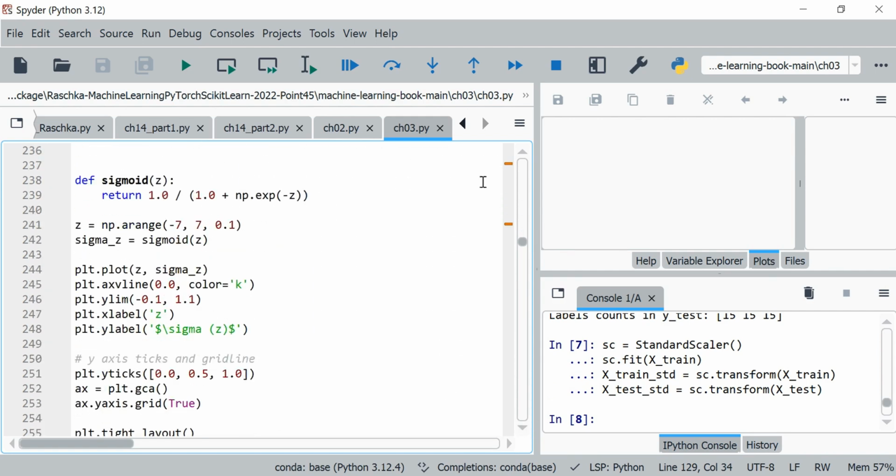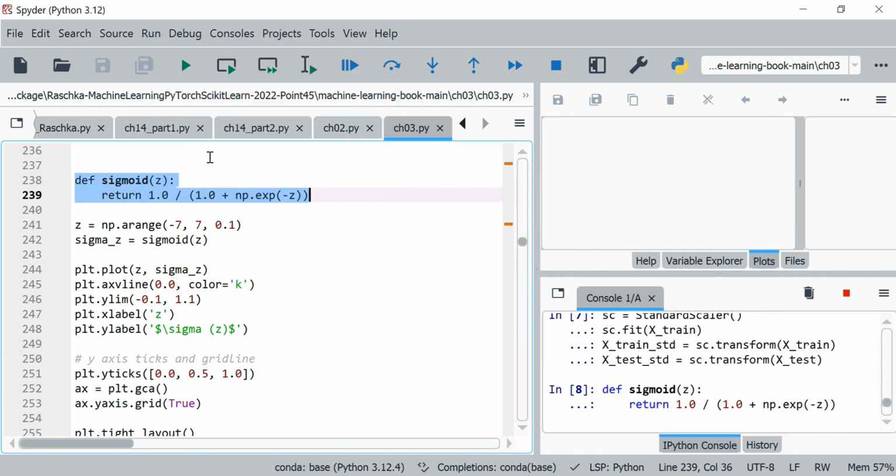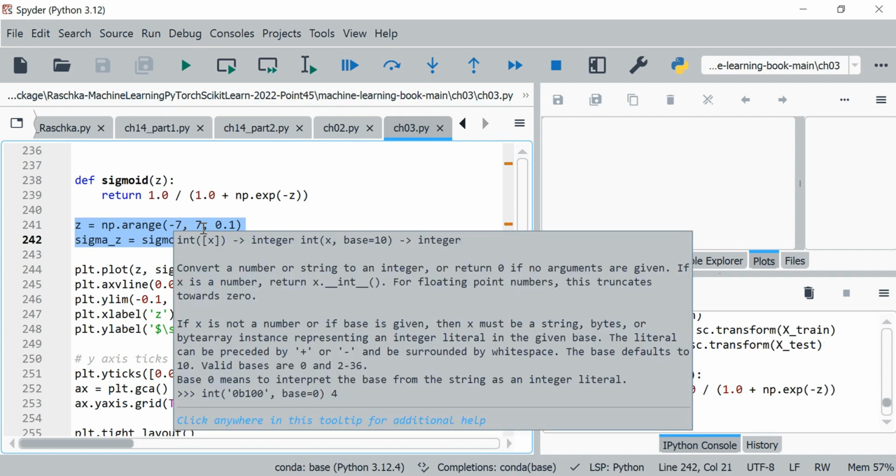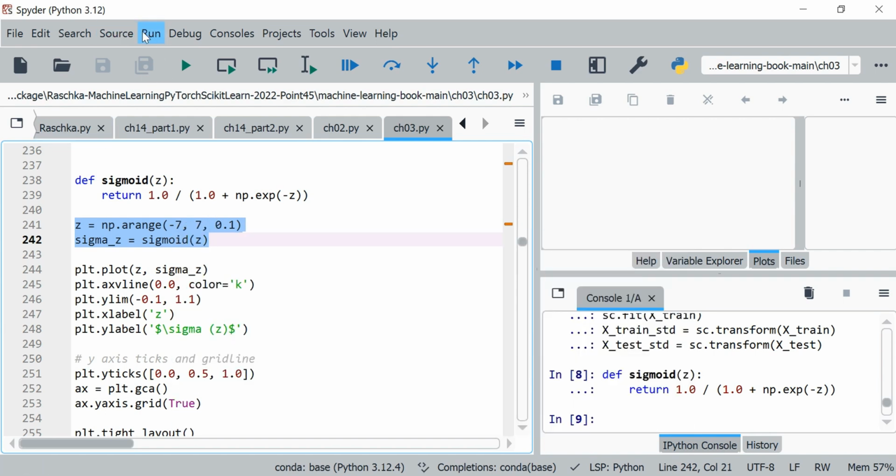So here we use sigmoid. First define a sigmoid function equals 1 divided by 1 plus e to the minus z. Then next we just show how it behaves for values between minus 7 and positive 7.